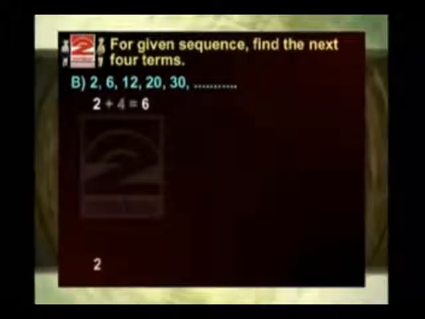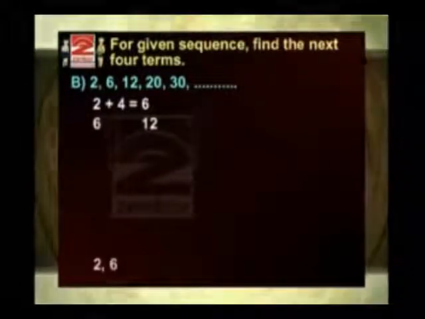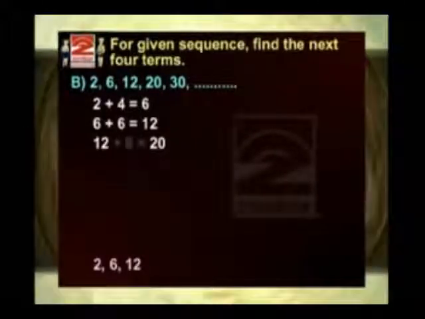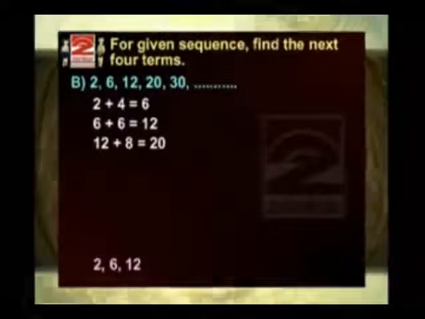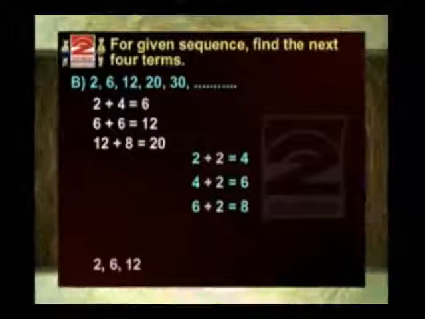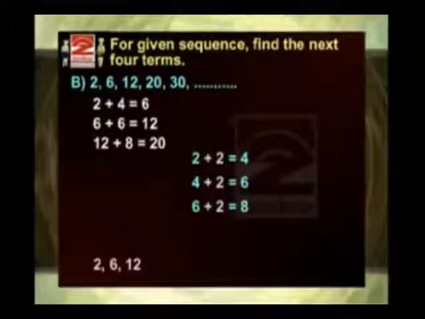2, 6, 12, 20, 30, ... Now the difference of 2 and 6 is 4. The difference in 6 and 12 is 6. The difference in 12 and 20 is 8. That means the difference in the consecutive terms is increasing by 2.